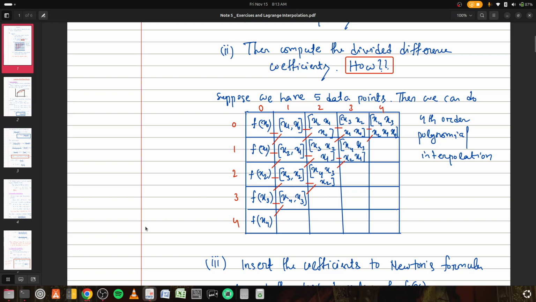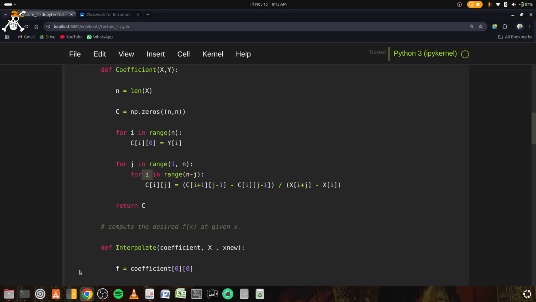So here, as you can see, the row index will go from 0 to n minus j. Suppose we are at the first column, meaning j equals 1, then this row index will run from 0 to n minus j. That means 0 to 6 minus 1, that means 5.